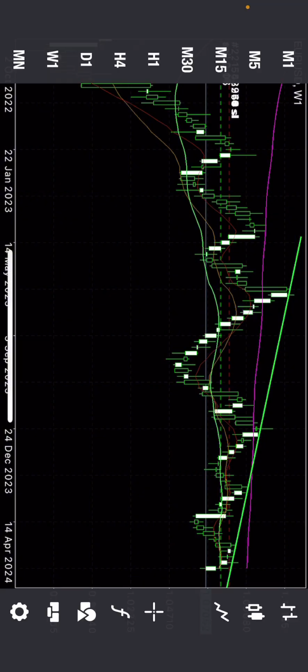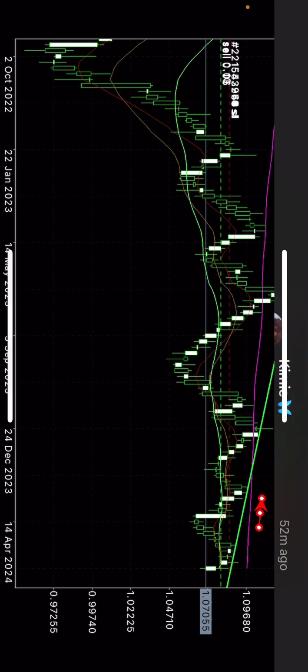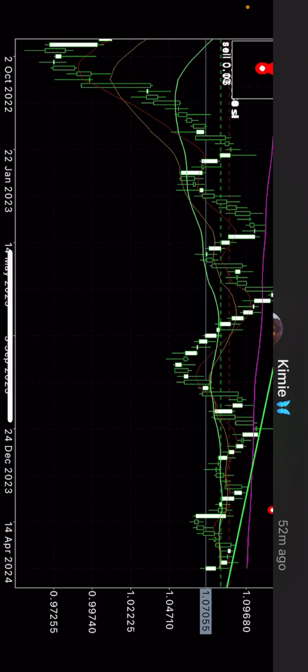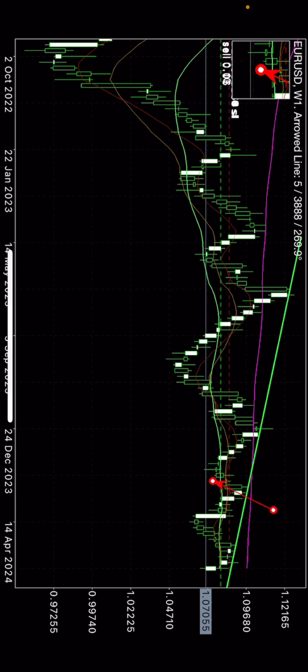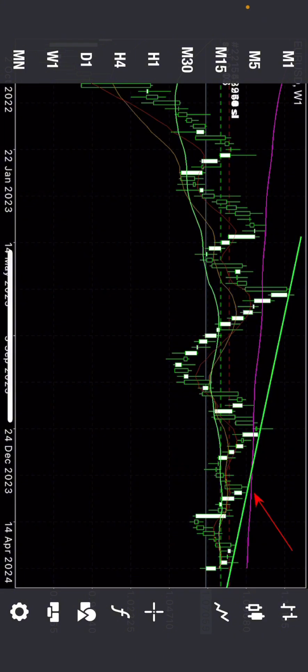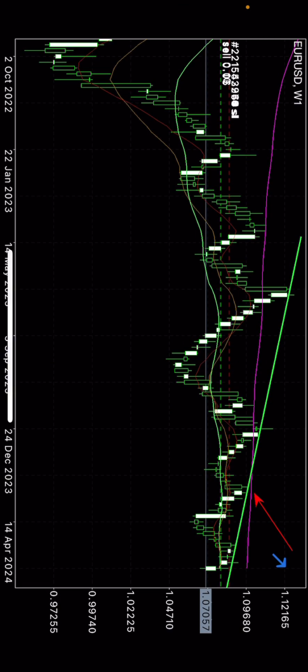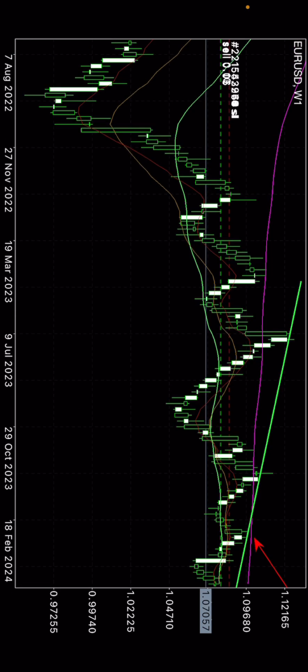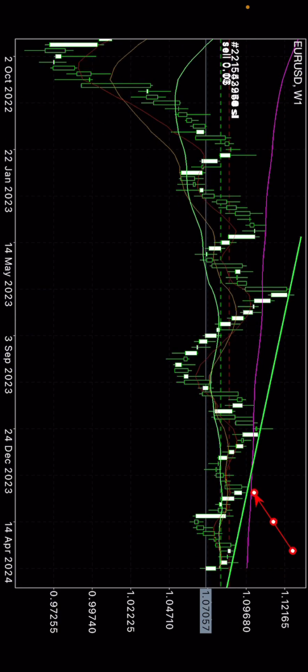So price gave us a lower high here, right? Price gave us a lower high here, and then price gave us a lower high right there also. Sorry, right there, right?